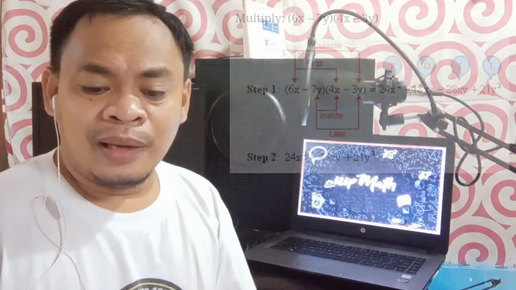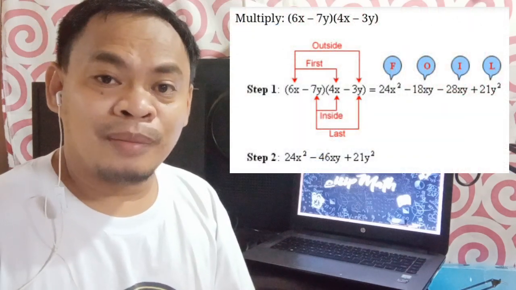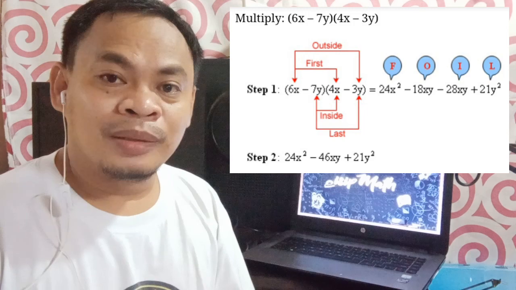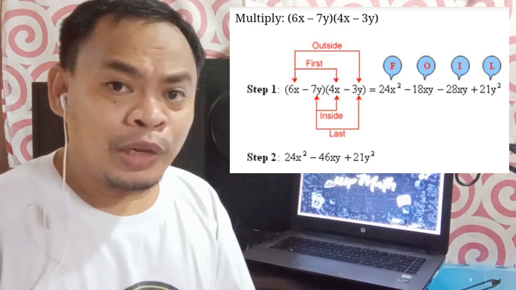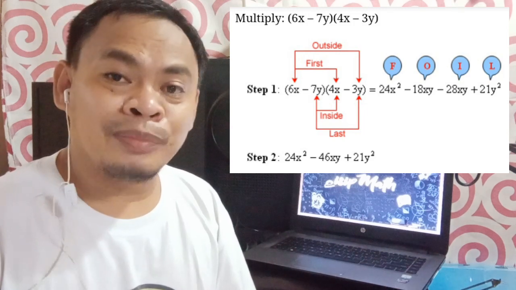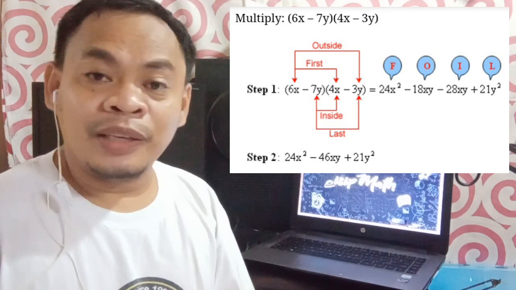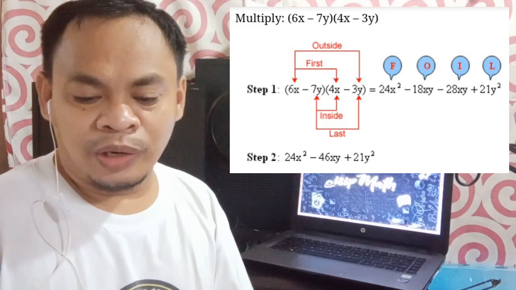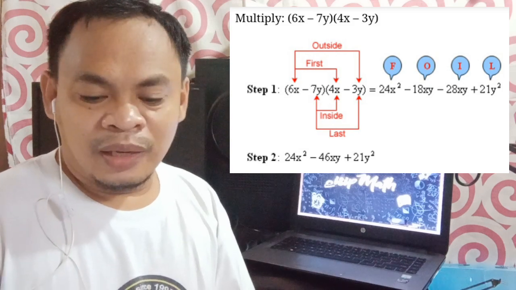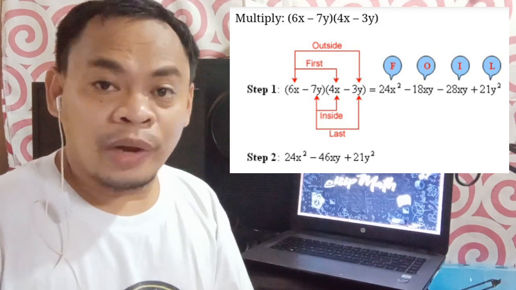Okay, so for our next example, I will show it on the screen so you can see how the FOIL method was done. Our next example is a binomial which is 6x minus 7y, multiplied by another binomial which is 4x minus 3y. Based on the given expression, our first terms are 6x and 4x.